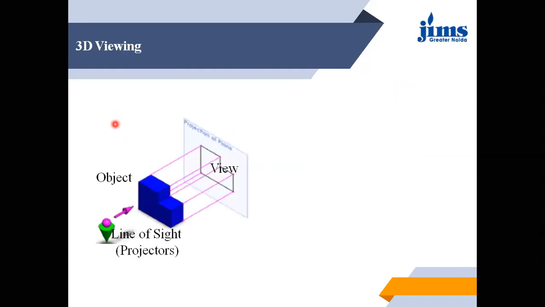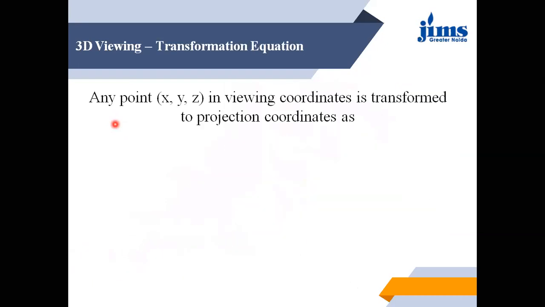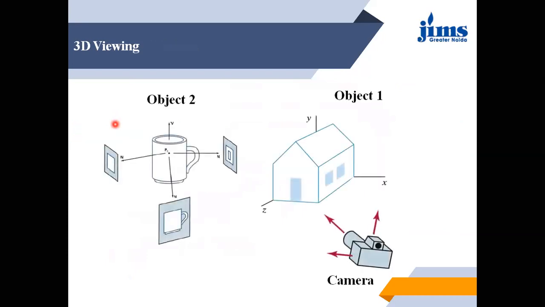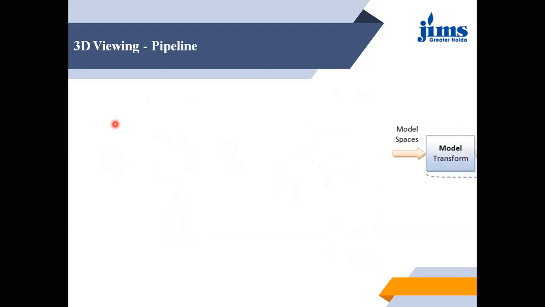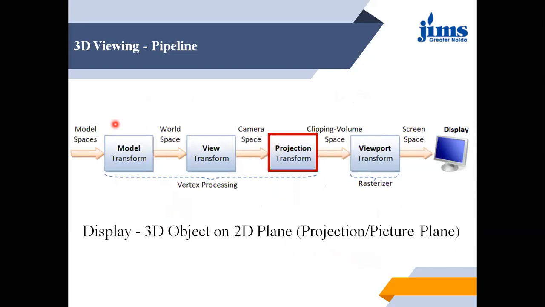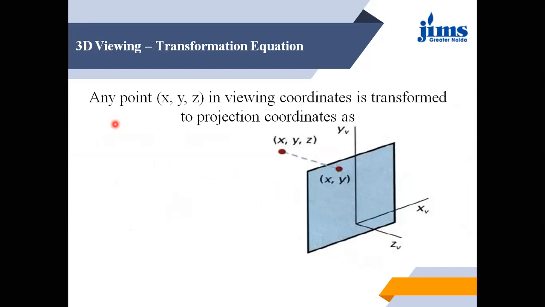So in this we discussed what projection is. In today's lecture, we discussed what 3D viewing is. In 3D viewing there are three coordinates x, y, z of an image, and when we have to represent that in 2D on the display, then we have to convert the object from 3D to 2D, and this is the transformation equation, that is z coordinate becomes 0.